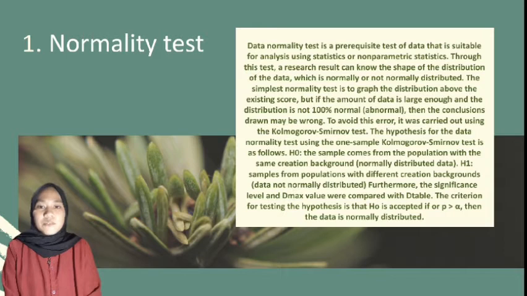The sample from a population with a different background, data not normally distributed. Furthermore, the significance level and the value were compared with the table. The criterion for testing the hypothesis is that H0 is accepted if the value is below the table value, then the data is normally distributed.